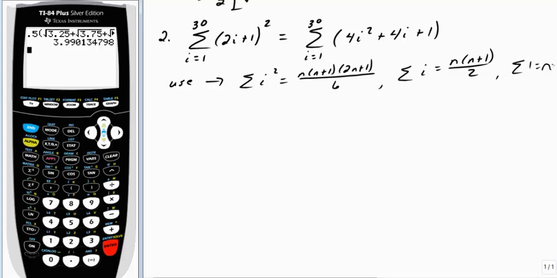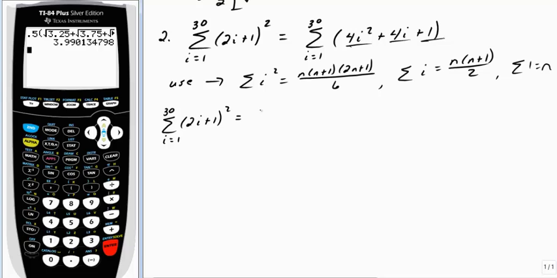So I'll go ahead and separate this out and say, okay, so if I have this summation, I'll go back to the original problem. Summation from i equals 1 to 30 of 2i plus 1 quantity squared. It is equal to, I'm going to break it into three separate summations. This summation can distribute to each of these three terms here. So the first term, it's the summation from 1 to 30 of 4i squared.